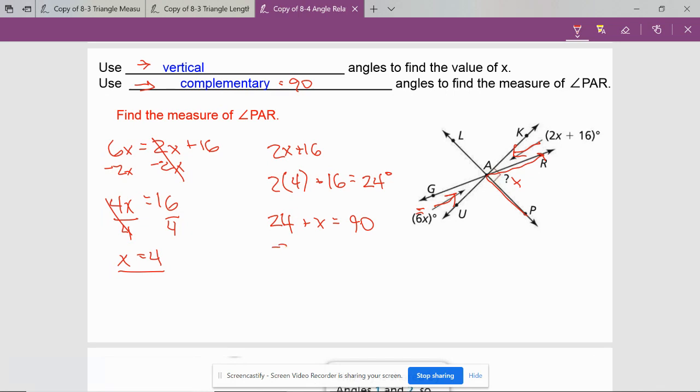Okay, so we're going to minus 24 to get rid of the 24's, minus 24. So that angle is going to be equal to 66 degrees. Okay, so if we put this as question 1, that's our answer. Okay, x equals 66 degrees.